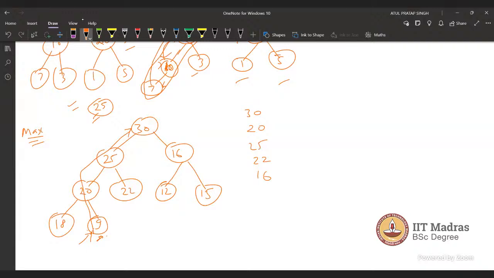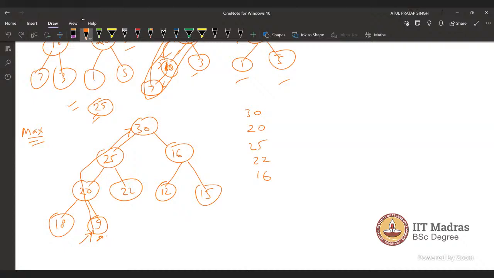So for example, 20 is the last inserted node.